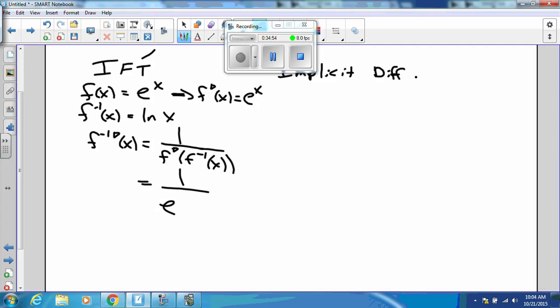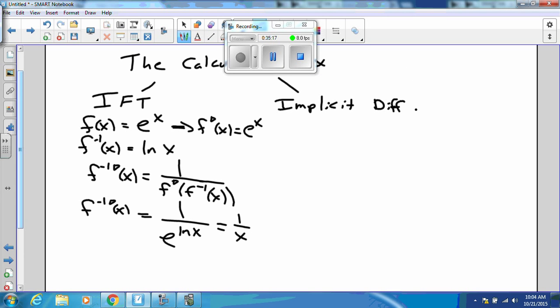And we need to evaluate that at f inverse, which is ln x. But hey, look, e to the ln x is automatically x, so we get 1 over x, and we're done. Poof. Isn't that nice? This is my favorite inverse function theorem because it just comes out so easily.